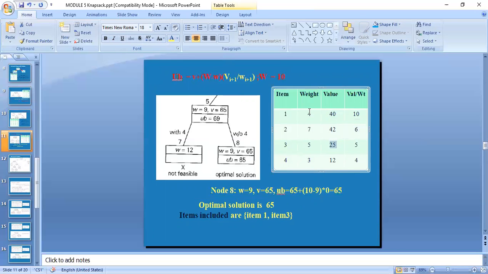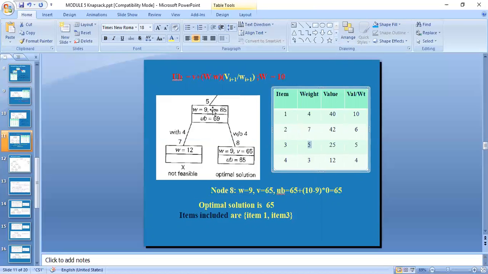What is the weight? Total weight is, here it is 4, here it is 5. 4 plus 5, 9. So is it feasible? Yes, it is feasible. So like that, if you want to cross check, you can just cross check it. And you can find out which will be your optimal solution.